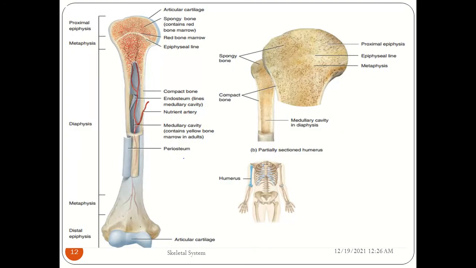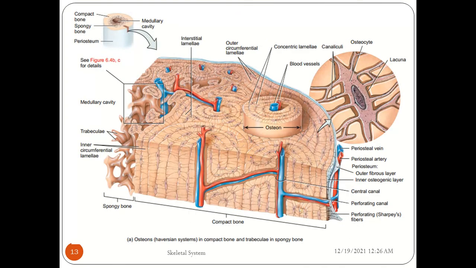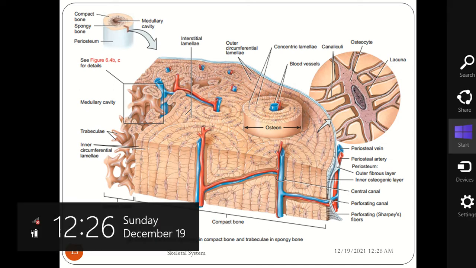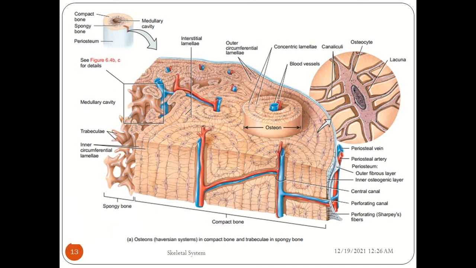Macroscopically, this is compact and this is sponge bone, but microscopically this is, so this is cells. This is an osteocyte. This is known as an osteon. This is sponge bone. This is compact bone.